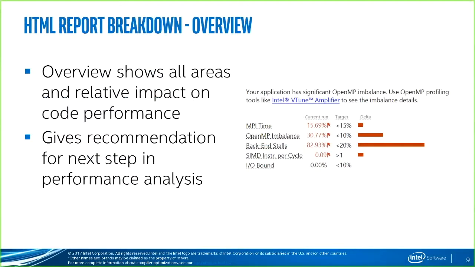There is a summary zone in the HTML report, and I think there is no such zone in the command line. Here we try to define target numbers or thresholds for particular performance metrics, and graphically express the impact of a particular performance aspect on the overall performance.